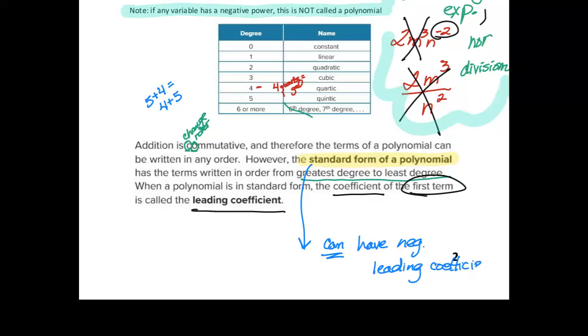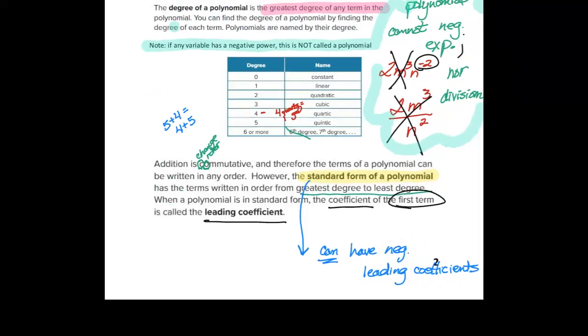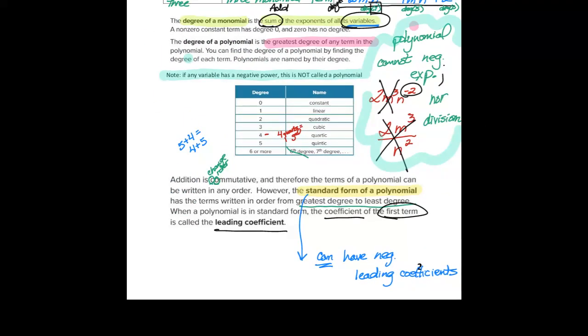So before, when we were talking about linear equations, you could not. These are just polynomials, all right? So you can have a negative leading coefficient. All right.